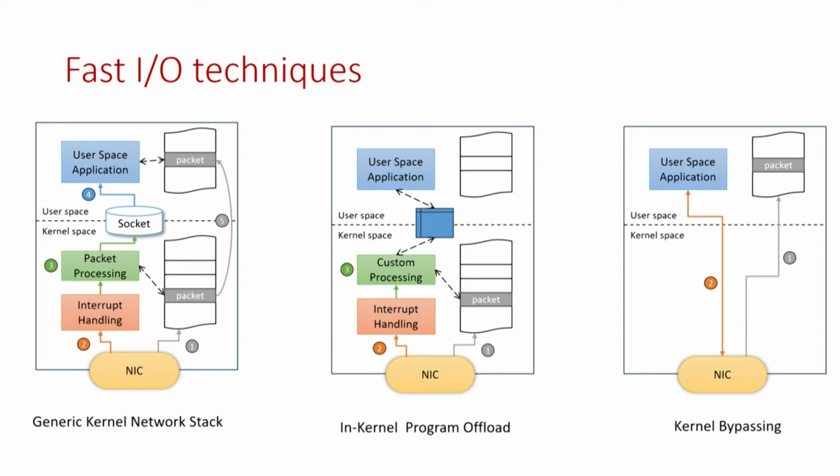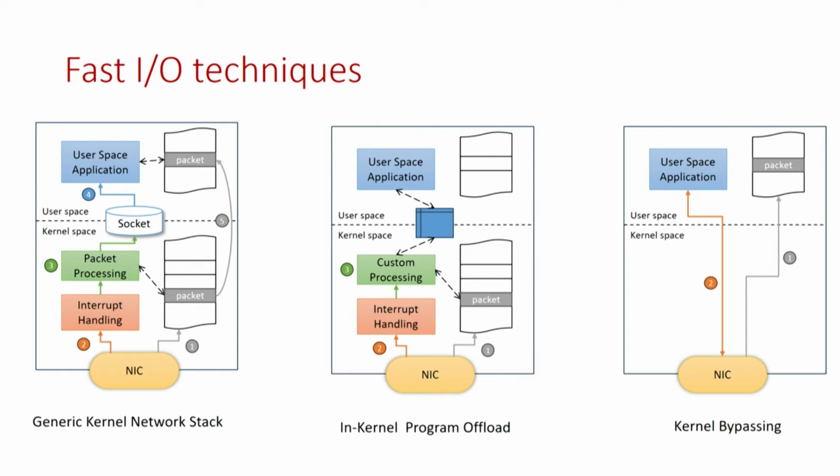Now of course, you can always hack the Linux kernel, change the source code, write kernel modules to process packets inside the kernel, but that is not something that everybody can do. So today people are coming up with techniques that make it easy to offload some of this packet processing into the kernel itself, so that you handle at least most of the packets here itself, and don't do this copying into user space.